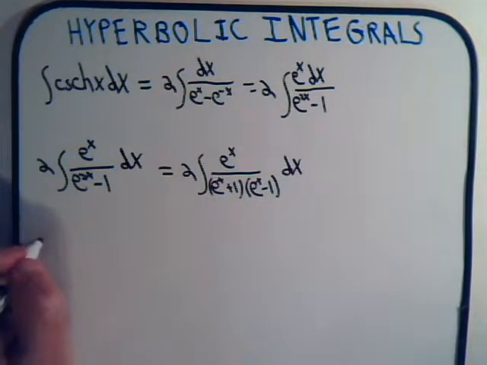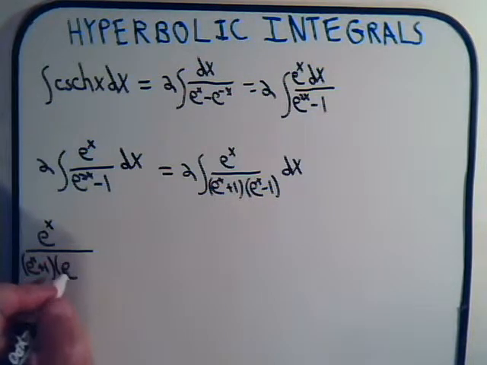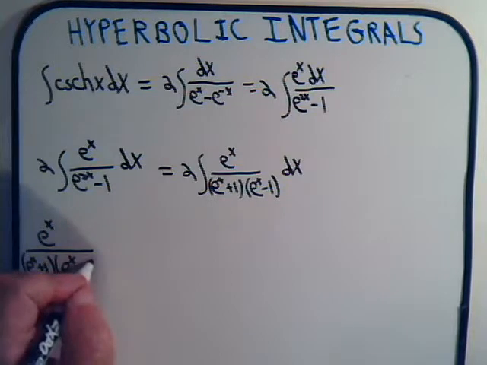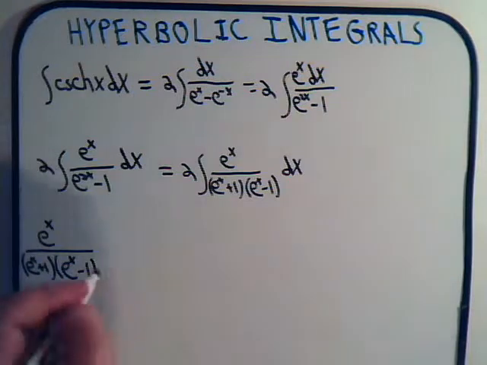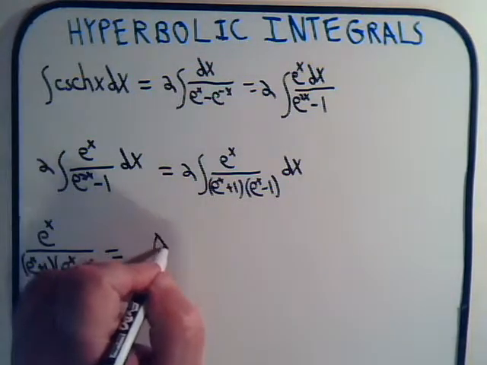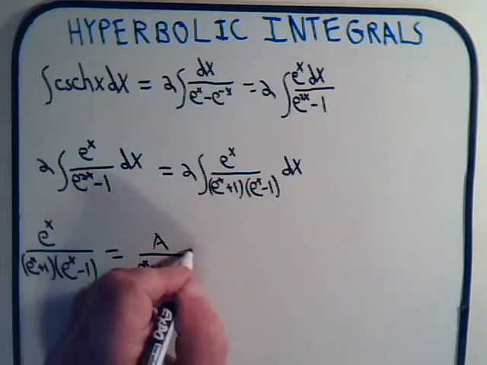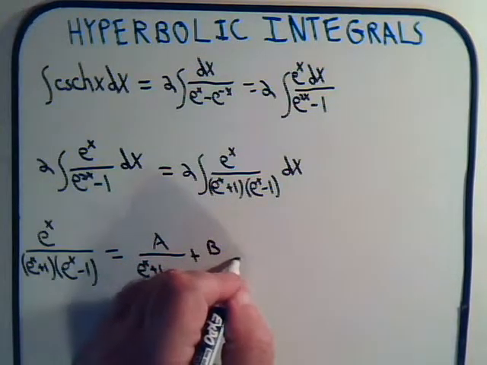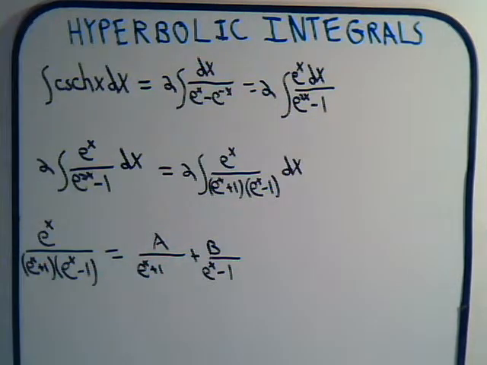So here we have e to the x divided by e to the x plus 1 times e to the x minus 1, and these are both linear factors. They're both to the first power, so this would just equal a over e to the x plus 1 plus b over e to the x minus 1.